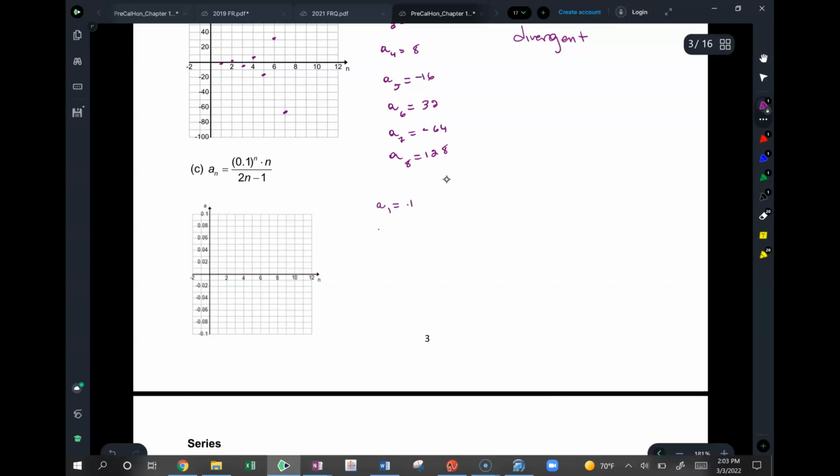A sub 2, 0.0067. A sub 3, 0.406. A sub 4, 4 zeros again, and 57.